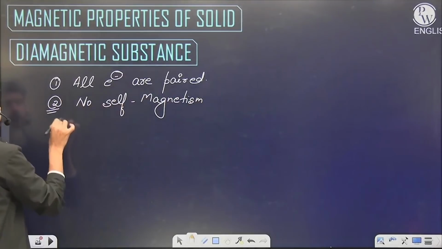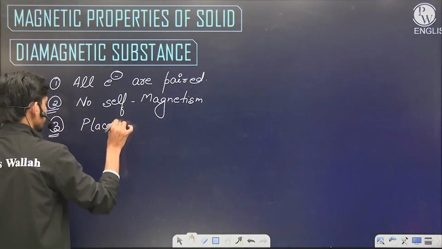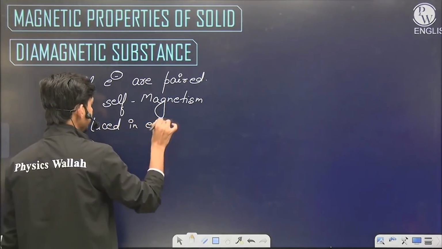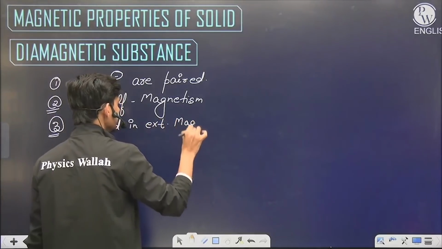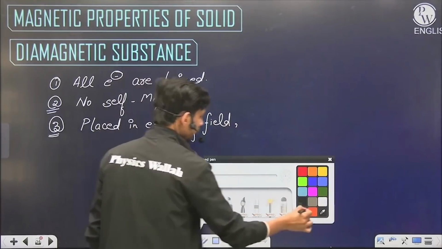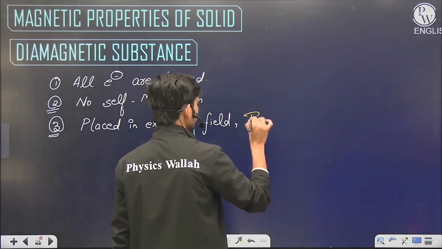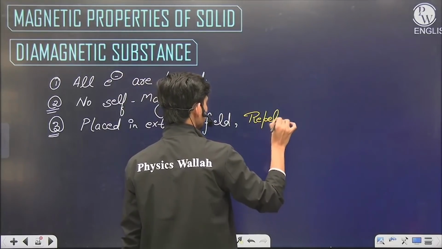But if they are placed in an external magnetic field, they experience a weak repulsion.